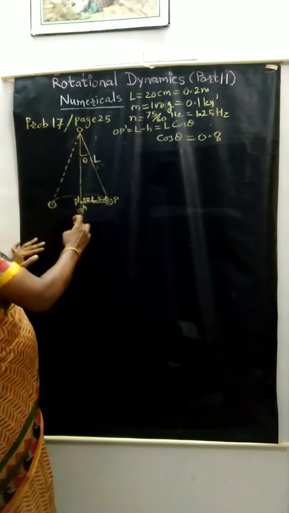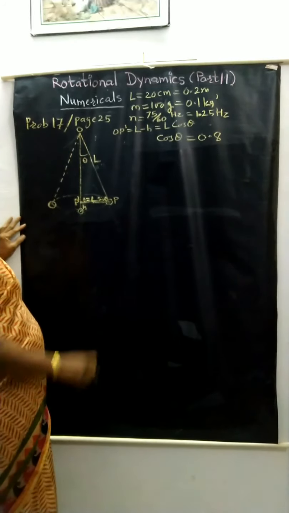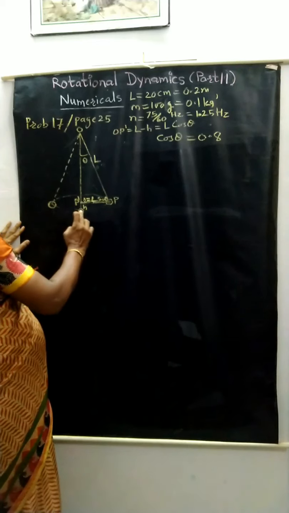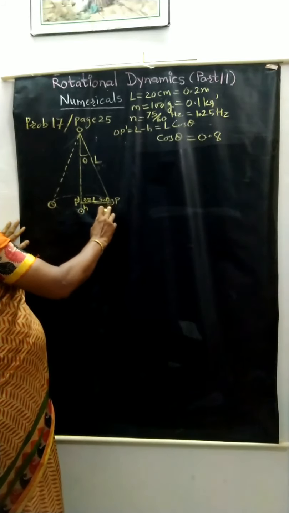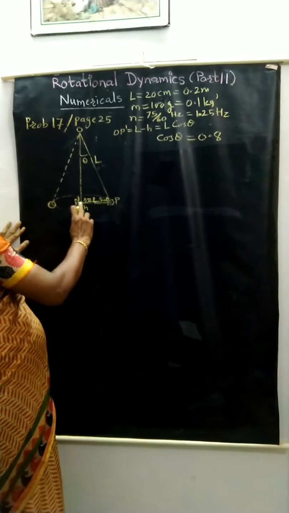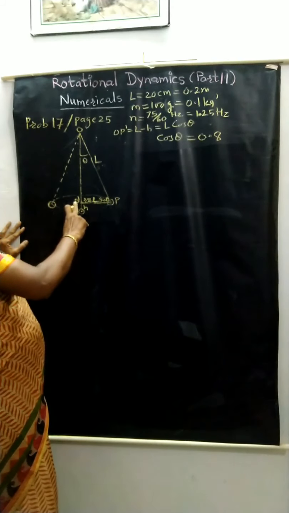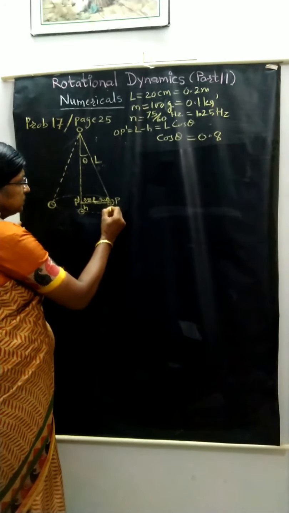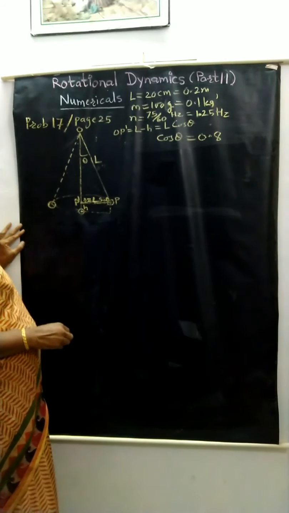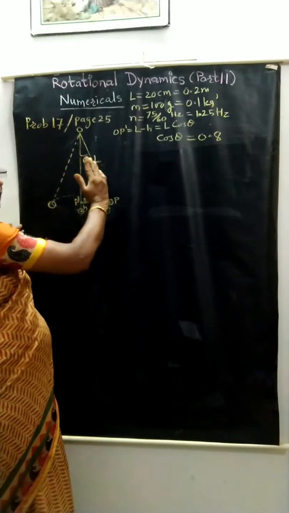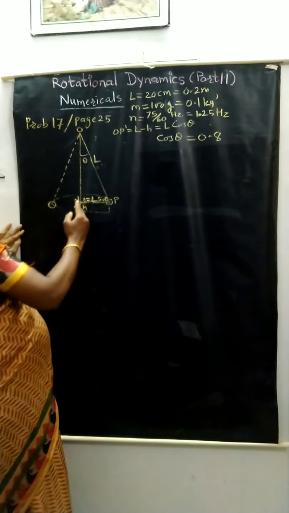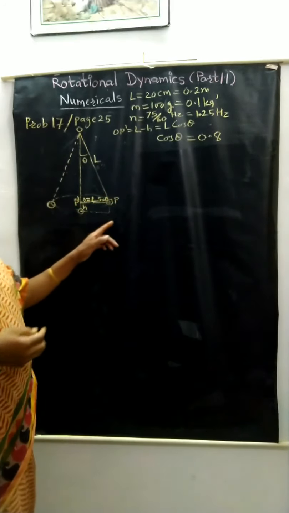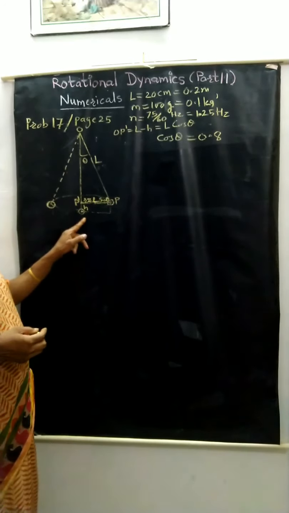This is the equilibrium position of the simple pendulum, but when it starts rotating, here it is at a distance small h from the initial position. Here this distance is h, suppose, from the initial position. As it makes some angle with the vertical, it is at distance h above the original position.